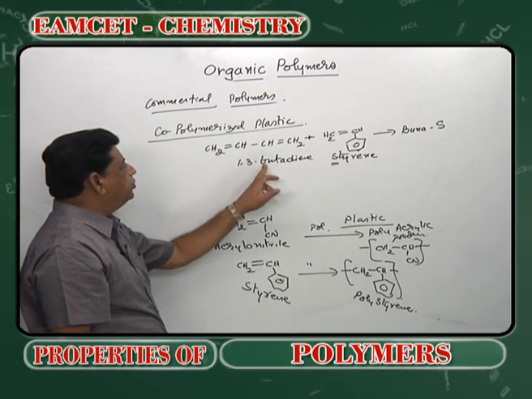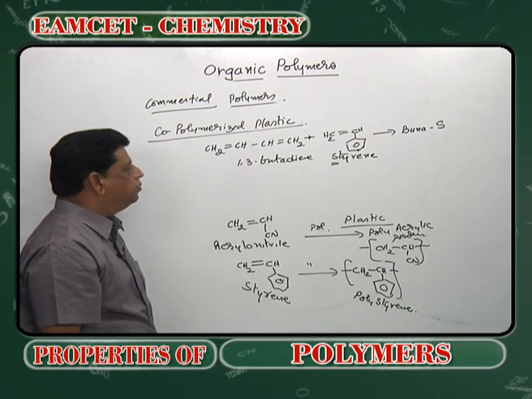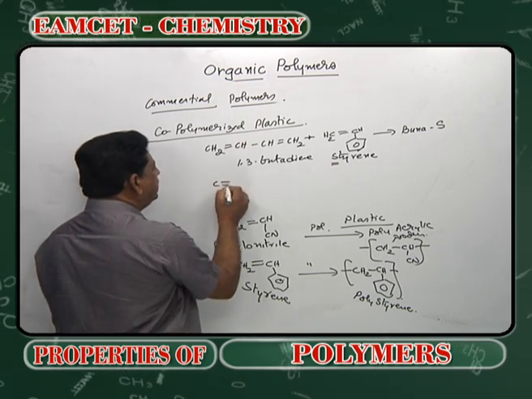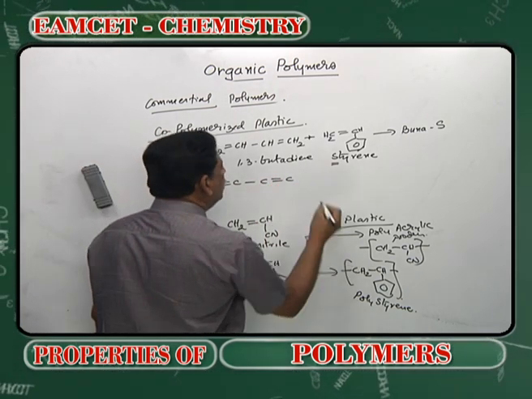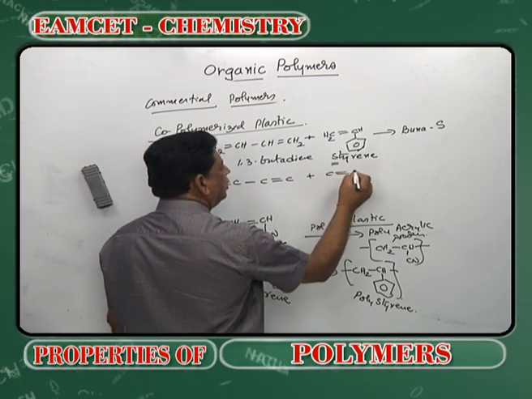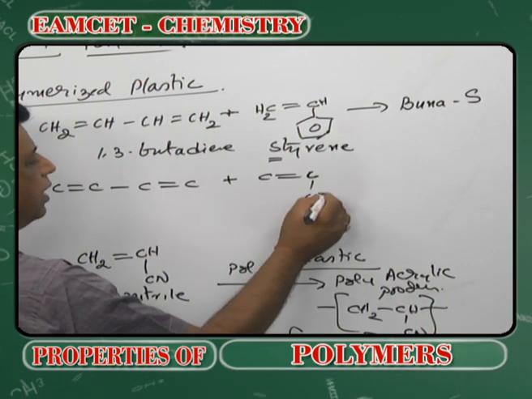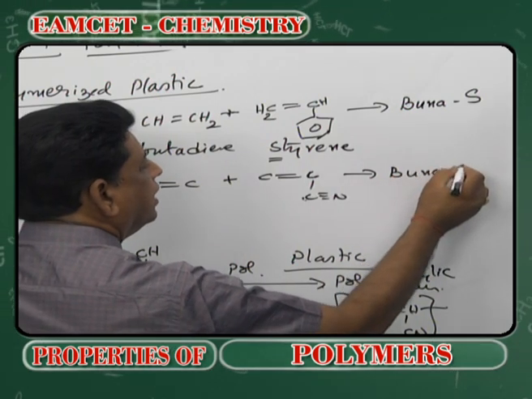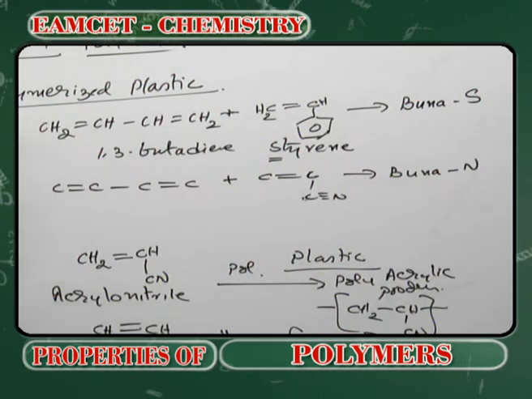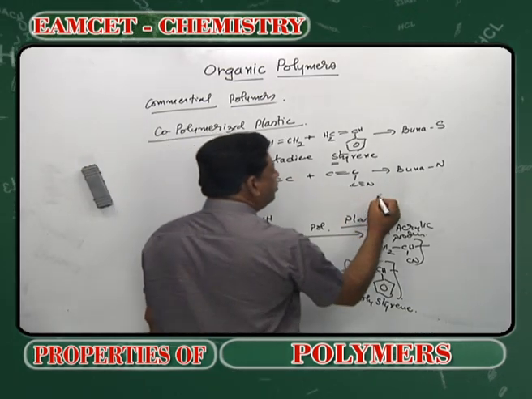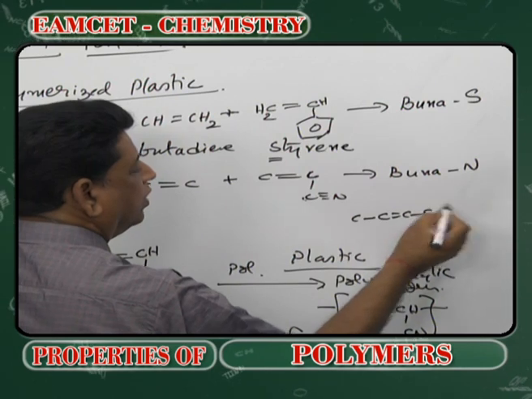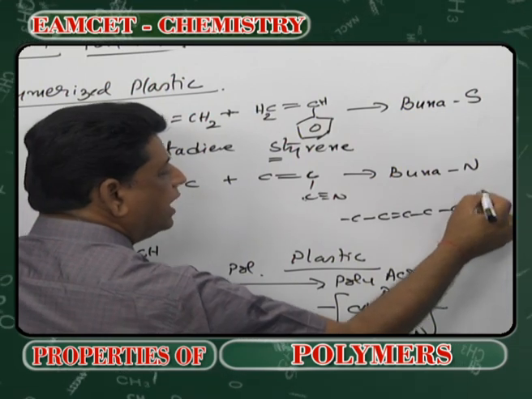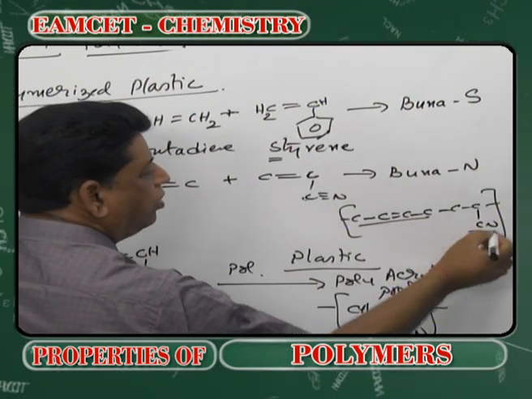Buna is a polybutadiene rubber, isn't it? Buna is a butadiene rubber, plus Buna S. Similarly, if a butadiene is mixed with the acrylonitrile, CN, triple bond N, and this is polymerized, you are getting a Buna N. Capital N stands for the nitrile group, therefore it is called N. So, one butadiene part, and then you have an acrylonitrile with cyanide, again a butadiene followed by the acrylonitrile.